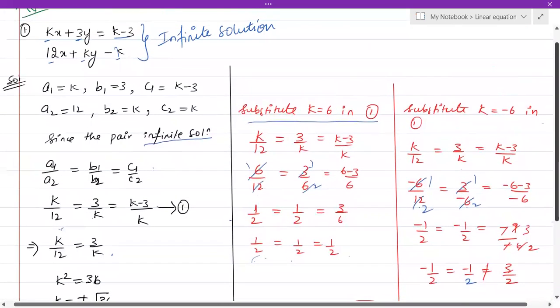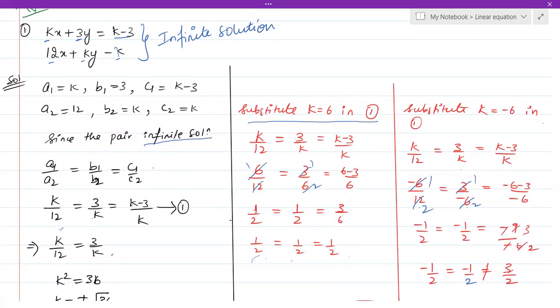So we have done three different types of problems. That is, if a pair has a unique solution, how to find the value of k. If the pair has no solution and infinite solution, how to find the value of k. So this checking whether the k value is correct or wrong happens only in no solution and infinite solution, because there are three conditions, three ratios. But in unique solution, we take only two ratios, A1 by A2 is not equal to B1 by B2.